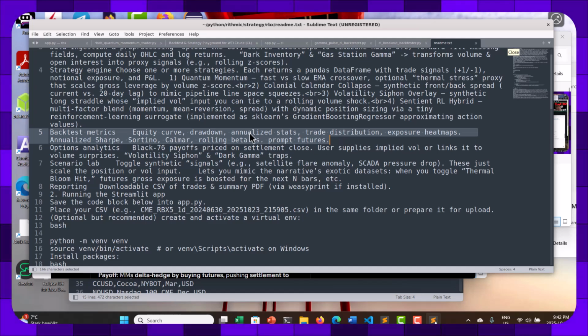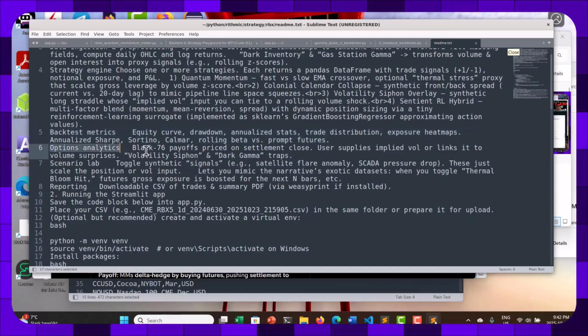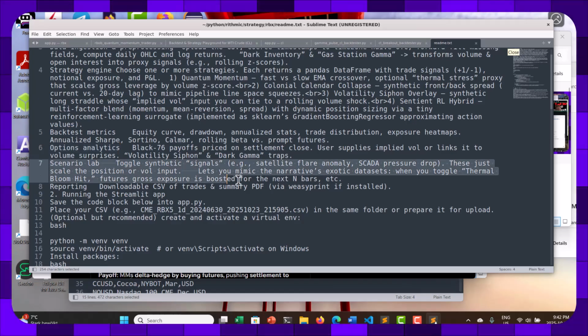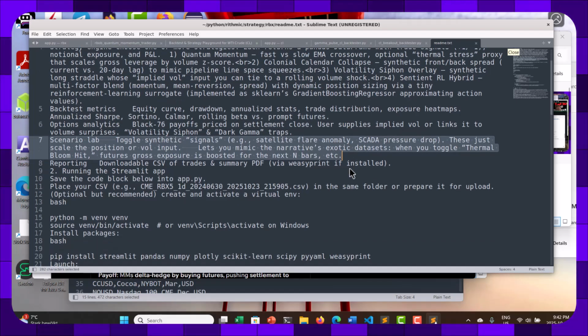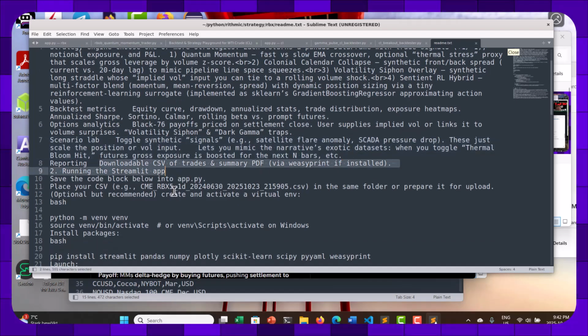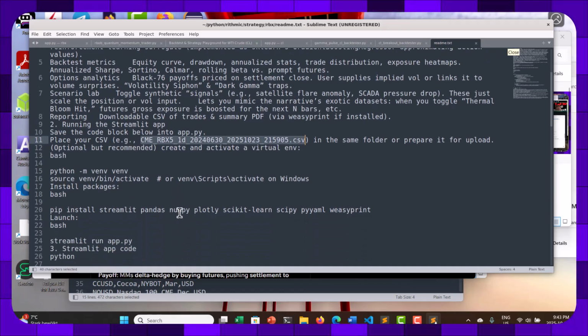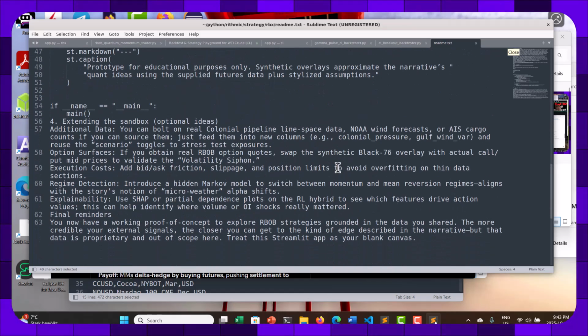That includes equity curve, drawdown, annualized stats, distribution, exposure heat map, annualized Sharpe, Sortino, Calmar, rolling beta. It analyzes the options with a Black-76 payoff, that's for volatility siphon and dark gamma traps. Also, there's a different scenario analysis using the SCADA, satellite flare anomaly, and it will use whatever available data there is. Now, I'm just using what I've shown here, one file for this, and everything else is kind of explanatory.